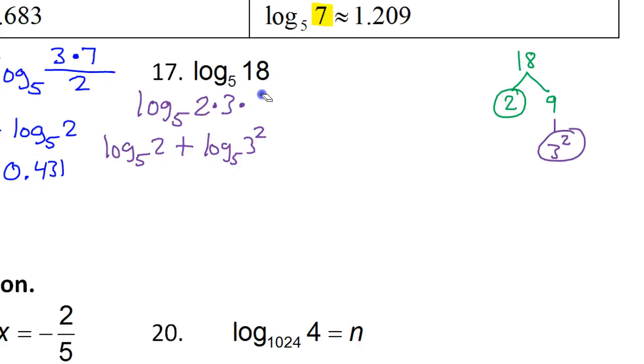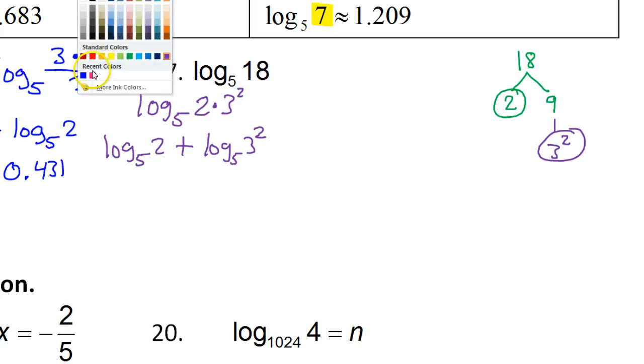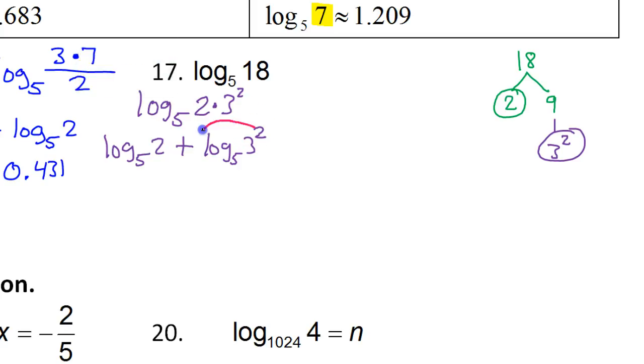Okay, and in this particular problem, it wouldn't have made a big deal, 3 squared, instead of just writing it twice. But what if this had been something like 3 to the 5th power? You don't want to have to sit here and write it out 5 times. You just want to put the 5th power. Now this power, of course, is going to wind up going in front according to the power rule.